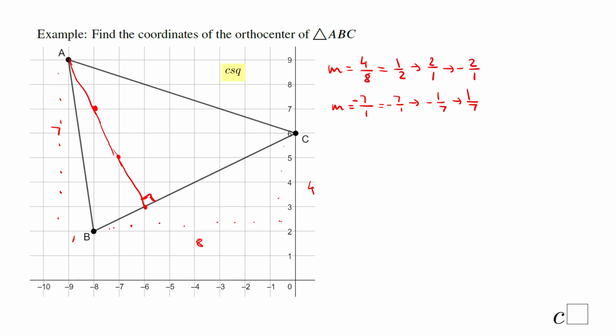So from this point C, I'm going to go 7, I'm sorry, so this will be a rise of 1 and a run of 7. So I guess I'm going to go 1 down and 7. 1, 2, 3, 4, 5, 6, 7.